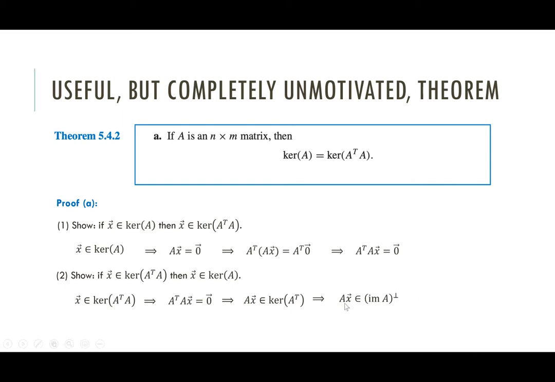So, okay, we have that our string of implications tells us that if x is in the kernel of A transpose A, then Ax is in the orthogonal complement of the image of A. But notice Ax is also in the image of A, because any vector, A times that vector, is going to be in the image of A. And so Ax is both in the image of A and in the orthogonal complement of the image of A. And as we've already seen, the only vector in any subspace that is both in a subspace and its orthogonal complement is 0.